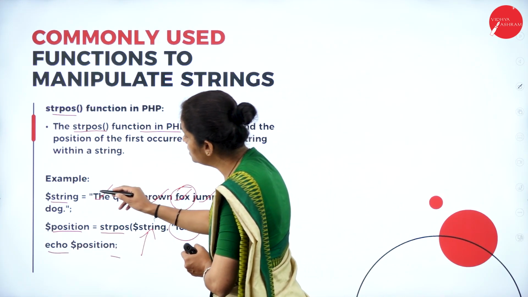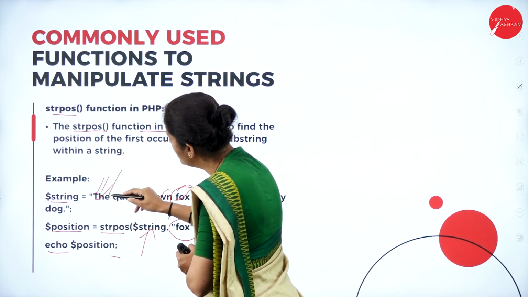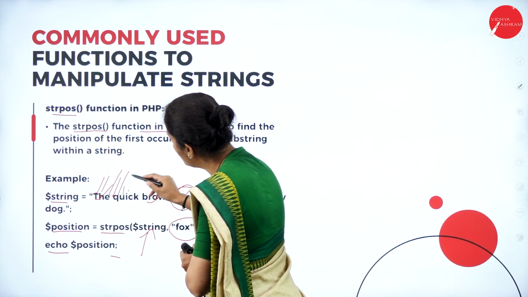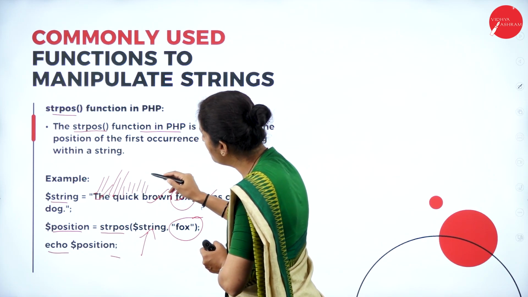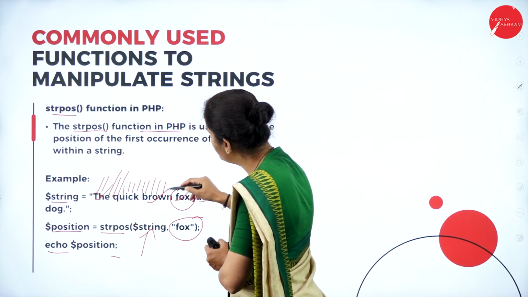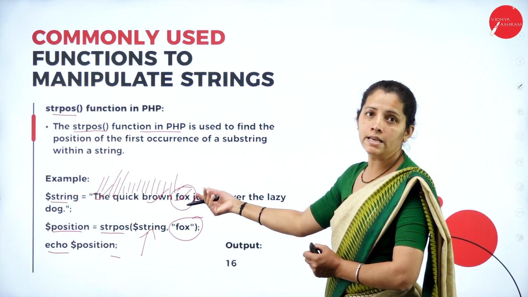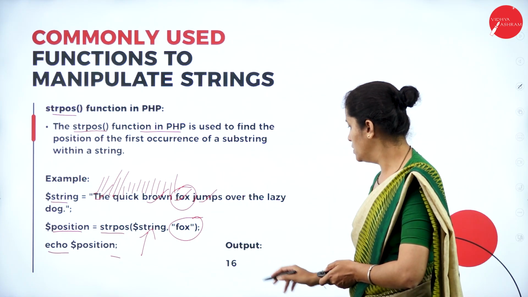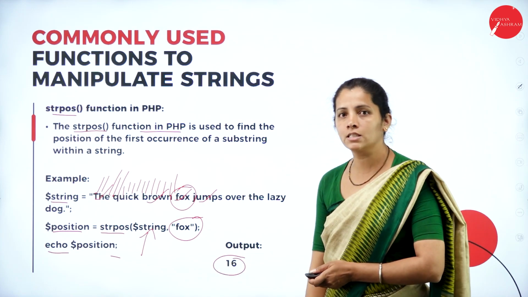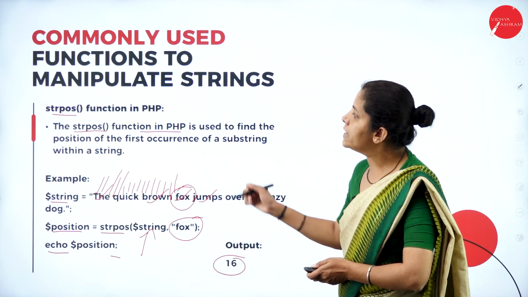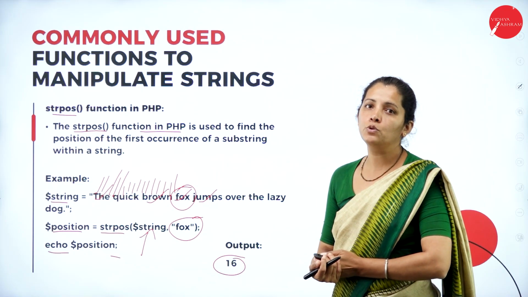If I count 1, 2, 3, 4, 5, 6, 7, 8, 9, 10, 11, 12, 13, 14, 15, 16, where the fox is present, it is present at position 16. So my output is 16. This is the way I can use strpos.